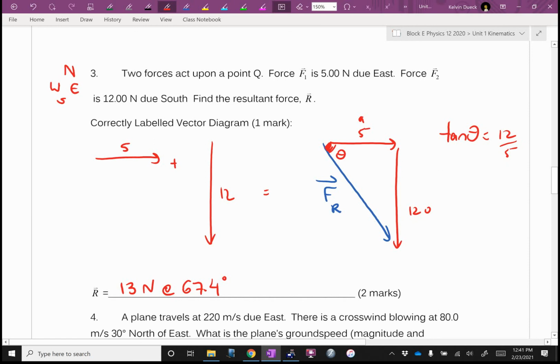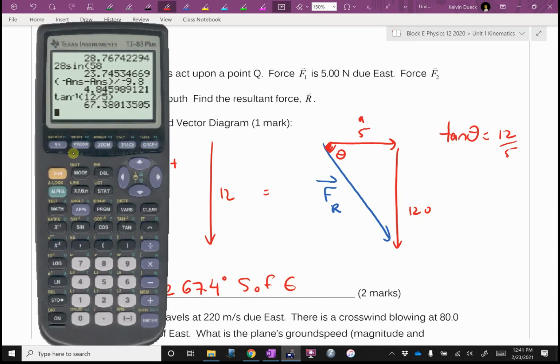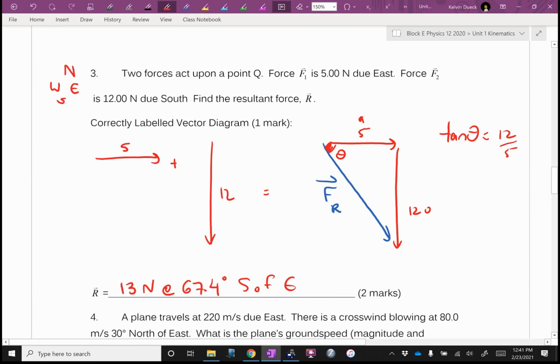I think this is going to be south of east, or I would take 90 minus 67.4, 22.6 degrees east of south. If you got that, 2 out of 2, otherwise typically I give 1 mark for the magnitude, half mark for the theta, and a half mark for the what of what. And 1 mark for the vector diagram. So that question's out of 3.